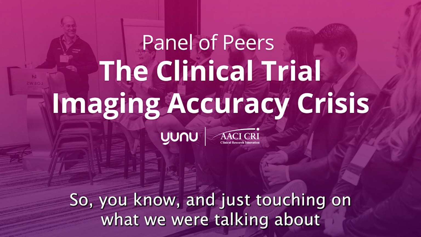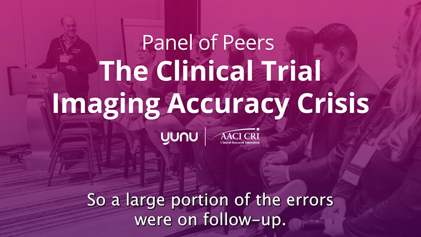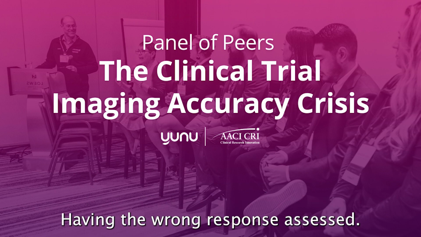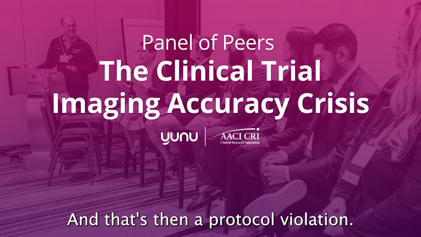Just touching on what we were talking about in terms of the types of errors and the impact that they have. A large portion of the errors were on follow-up, having the wrong response assessed. They might call it a partial response when it's progressive disease or vice versa, and that's then a protocol violation.